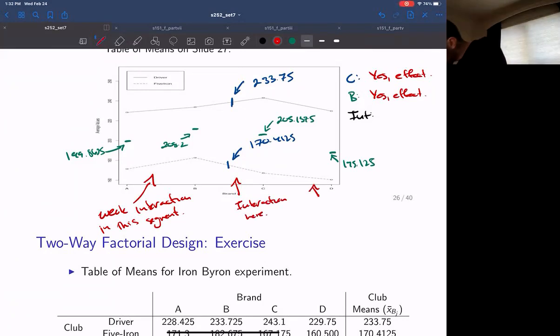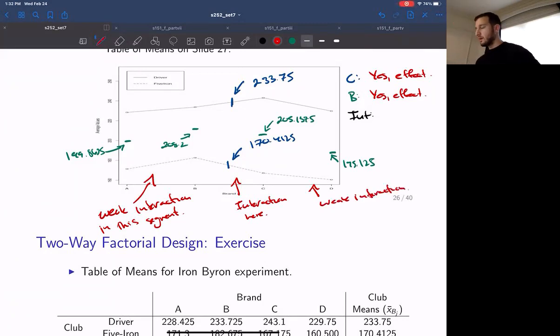Now in the third case, these lines almost look parallel, except that the solid line has a slightly smaller slope than the dashed line. So again, we would be inclined here to say a weak interaction. Okay, so when we study the interaction effect, we would say, yes, at least a weak interaction is present.